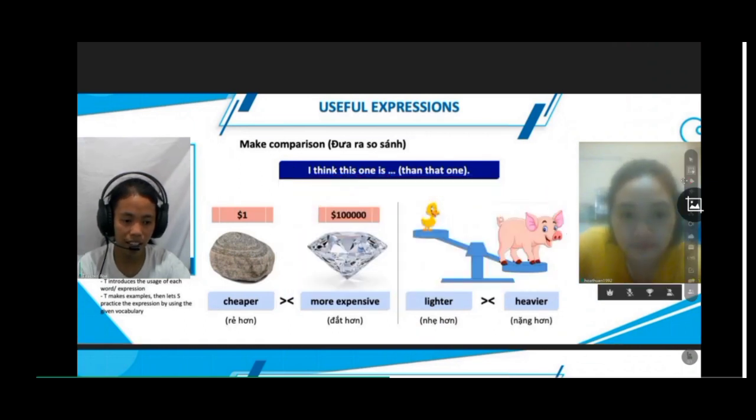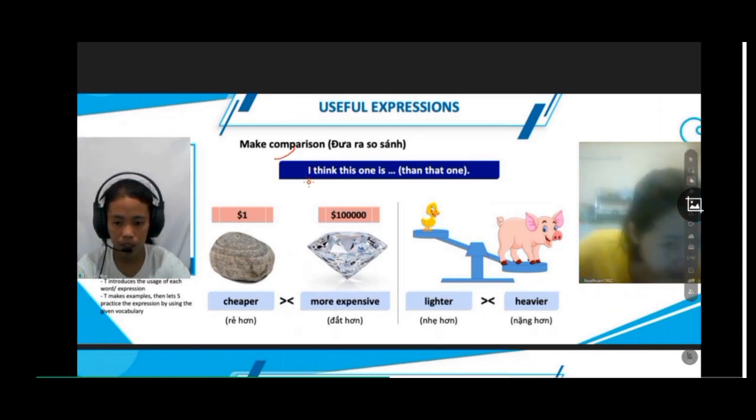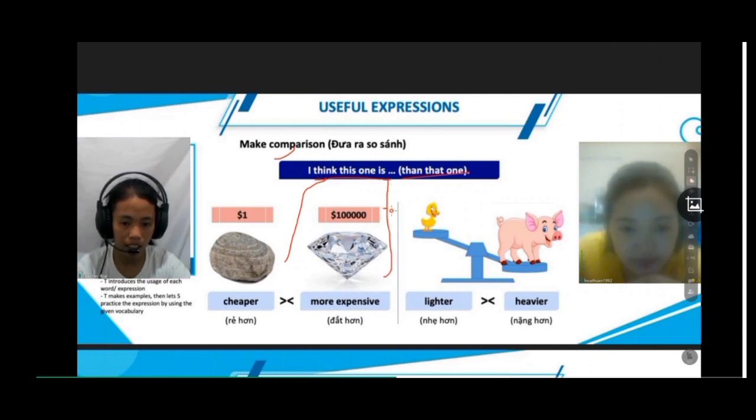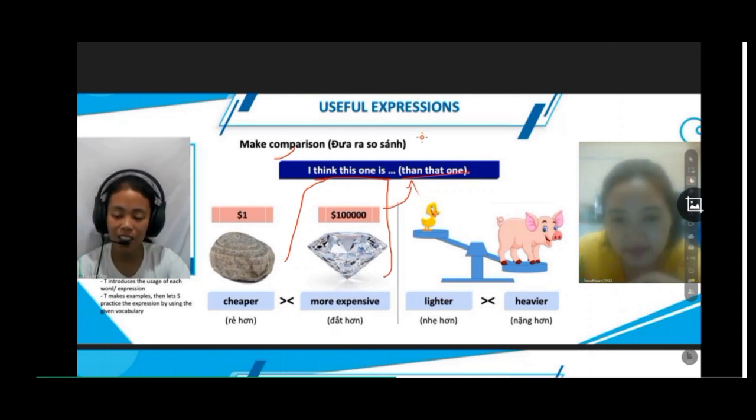So again, in making comparison, you will use this sentence. I think this one is cheaper than that one. I think this one is more expensive than that one. Okay? So can you say what I've said? Can you repeat?